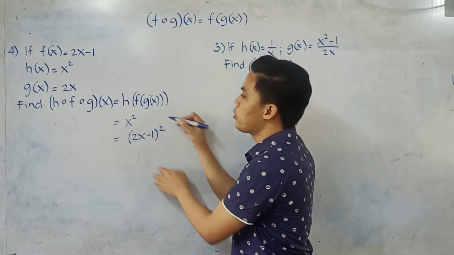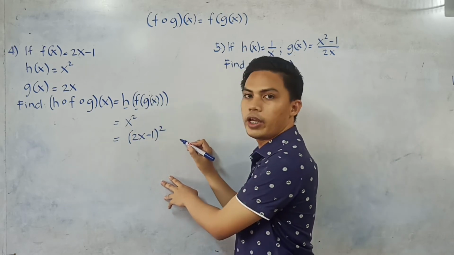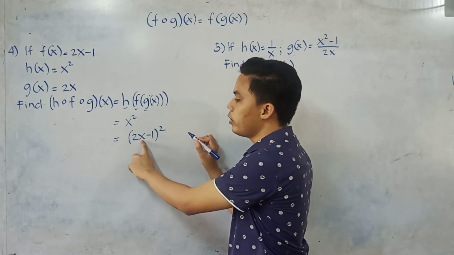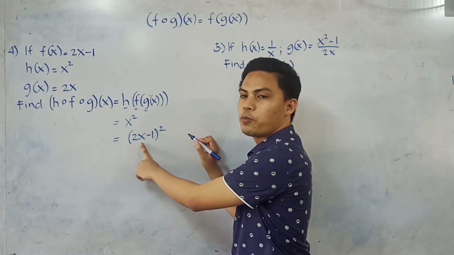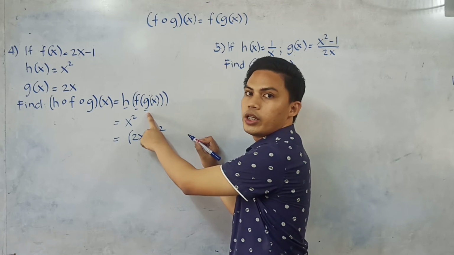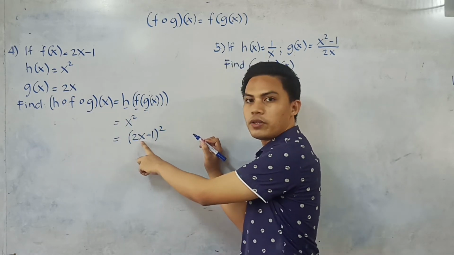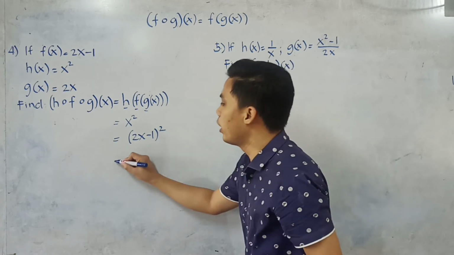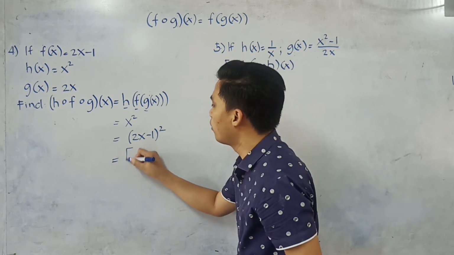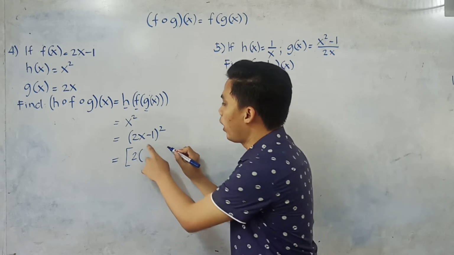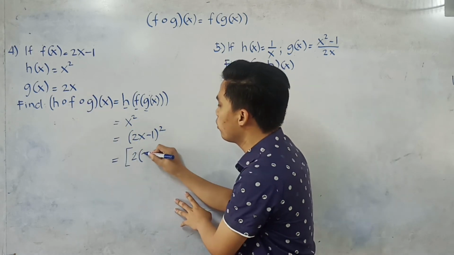Okay. So, tapos na tayo sa h, tapos sa f, then sa g. So, alam natin na yung f naman, x natin, yung nagko-compose sa kanya is si g. Therefore, yung g of x na 2x, isa-substitute natin dito sa value ng x. So, palitan natin ng bracket. So, you have 2, yung x magiging 2x.